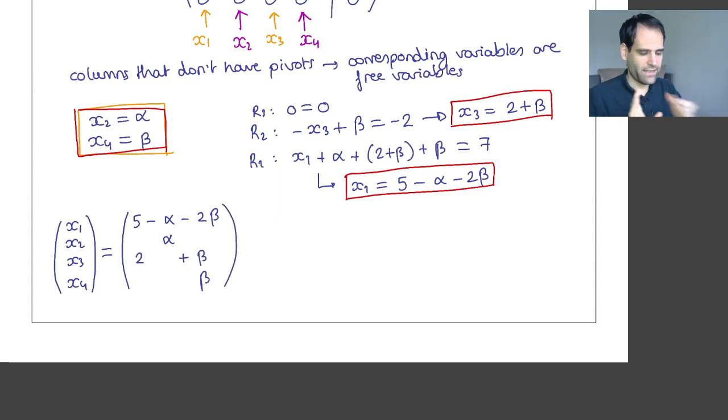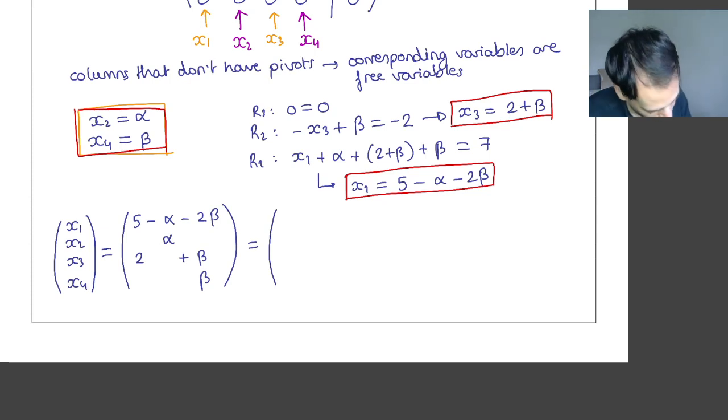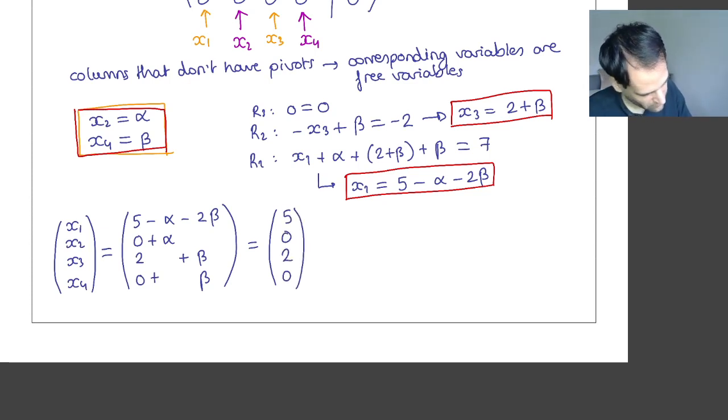Notice that I aligned the terms because now I'm going to write a vector with the independent terms that don't involve alpha or beta. That would be 5, 0, 2, 0. Then plus alpha times all the terms that multiply alpha, which will be minus 1, 1, 0, and 0.